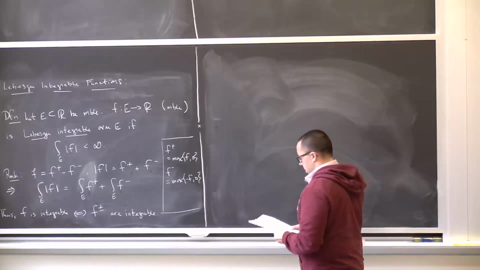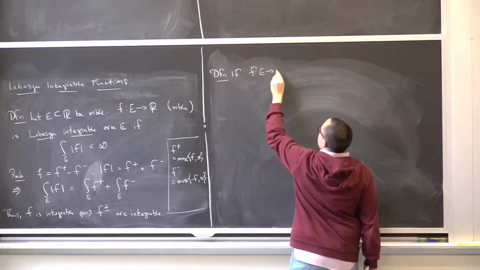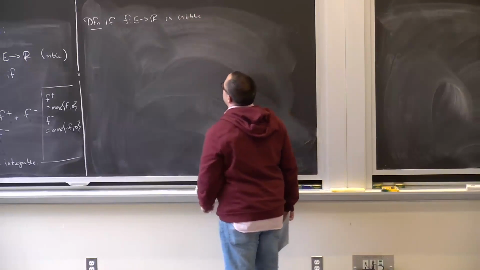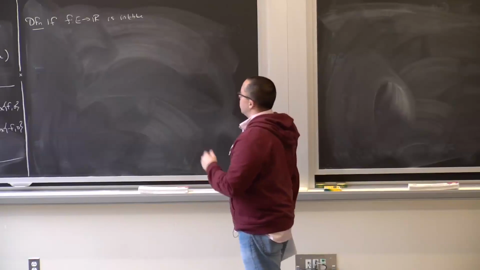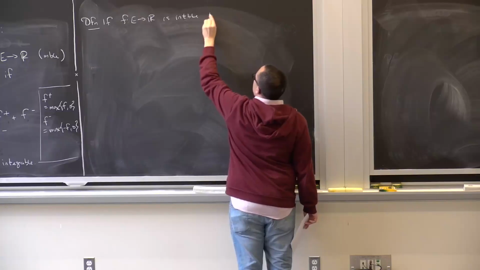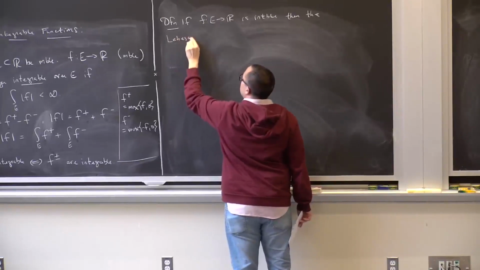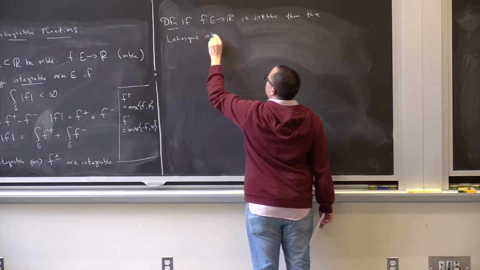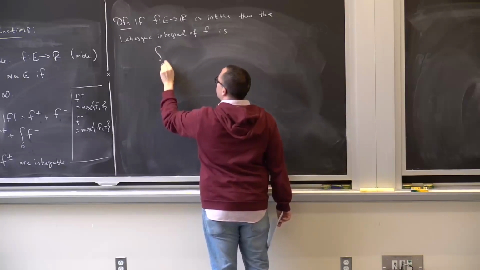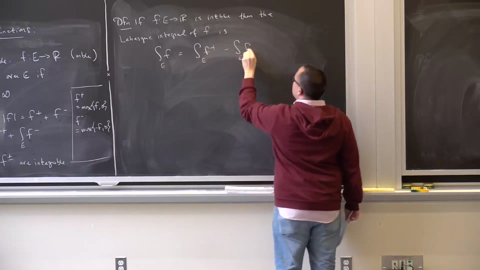All right, so with that remark, if f is a measurable function from E, a measurable set, to R, and f is Lebesgue integrable, then the Lebesgue integral of f over E is defined to be the integral of f plus over E minus the integral of f minus.